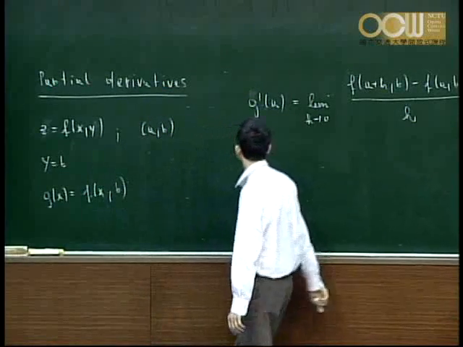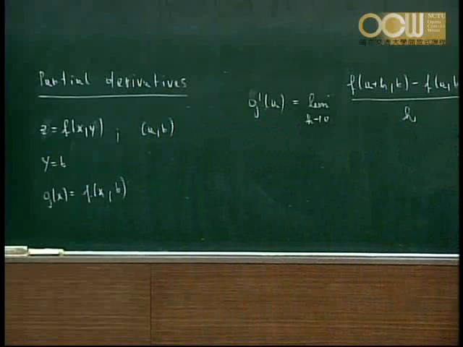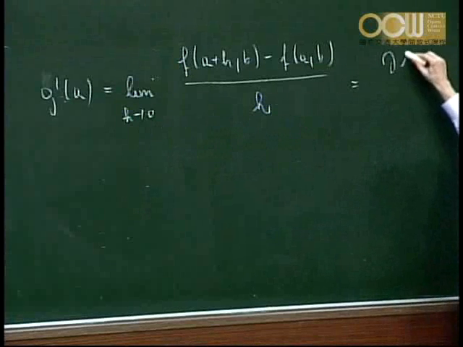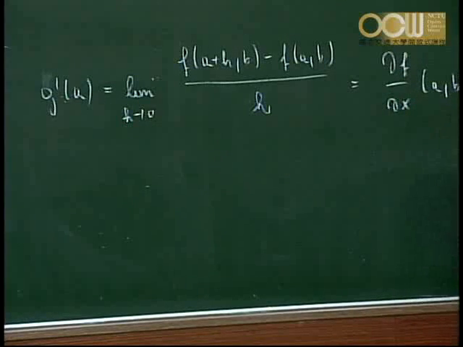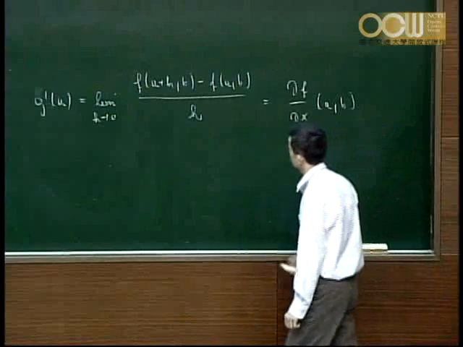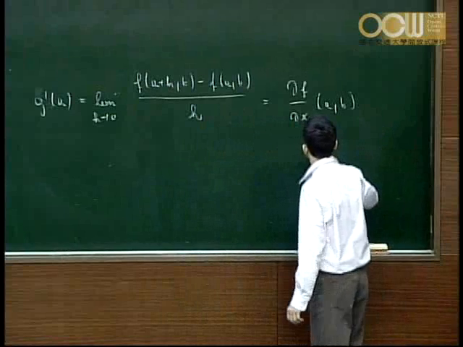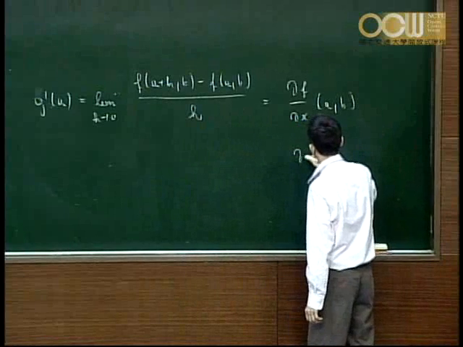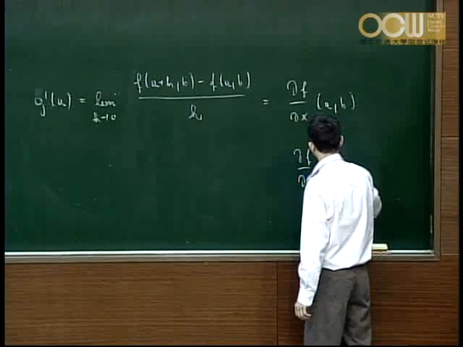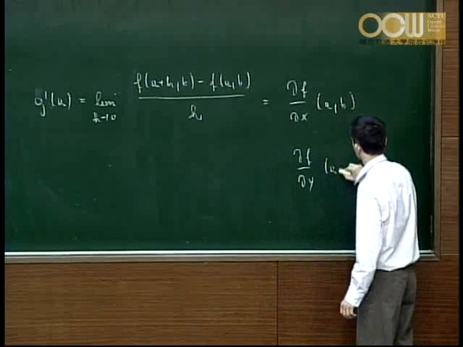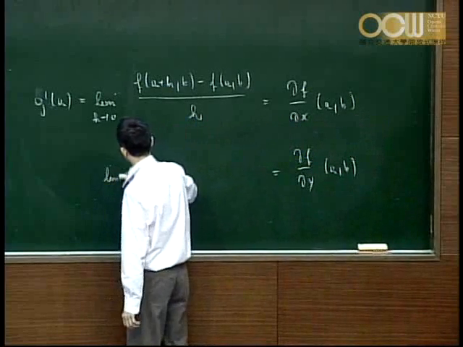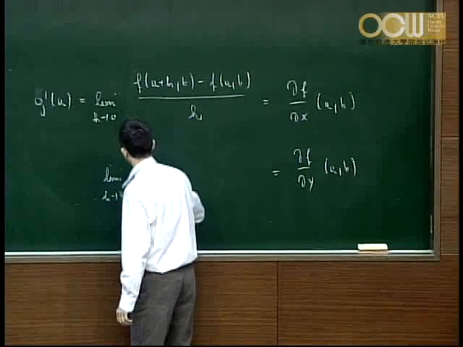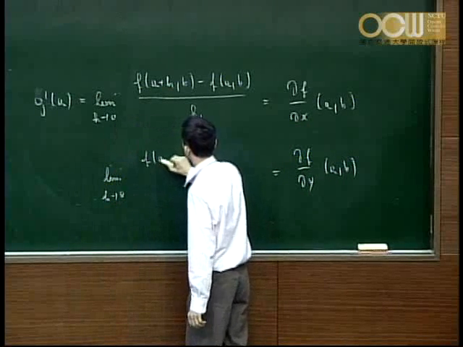This kind of derivative is called a partial derivative. We use the notation: this is the partial derivative of f with respect to x at a, b. This is the definition of the partial derivative with respect to x, and the definition of the partial derivative with respect to y is similar, just with everything done for the second coordinate.